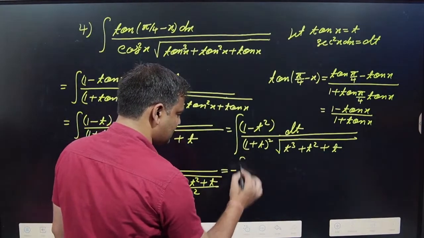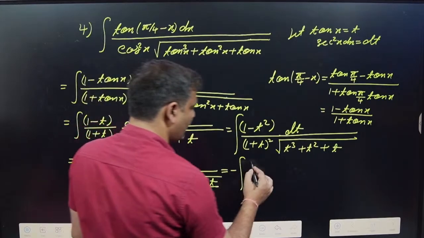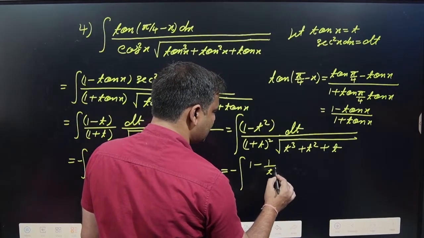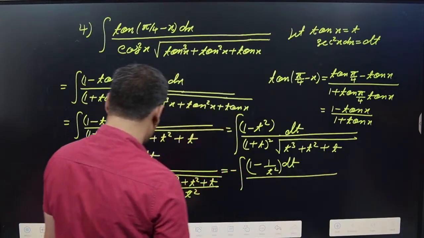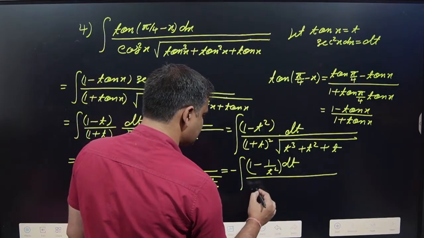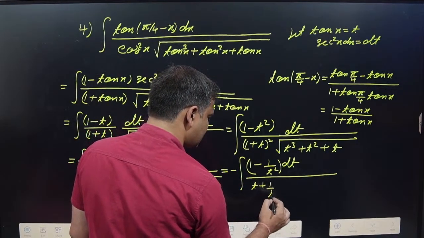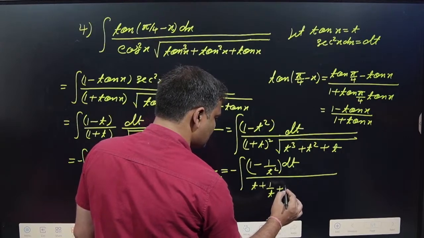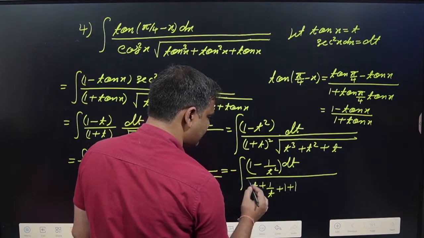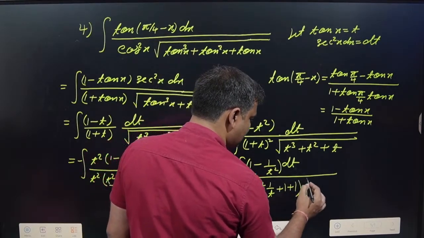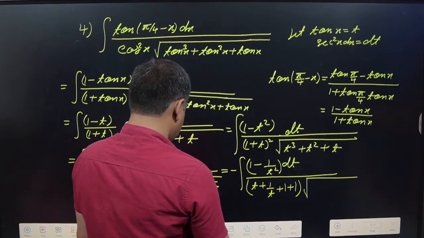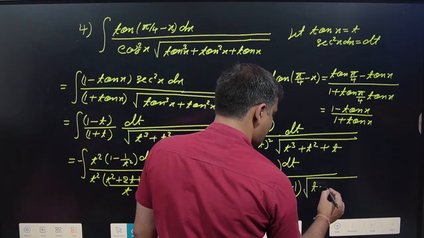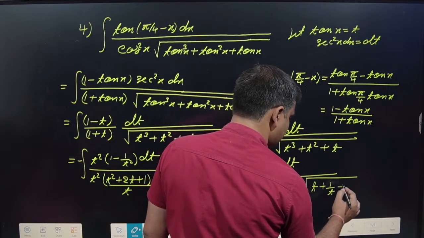So written here: minus 1 minus 1 upon t square dt, divided by t plus 1 upon t plus 1, and that is written as t plus 1 by t plus 1.